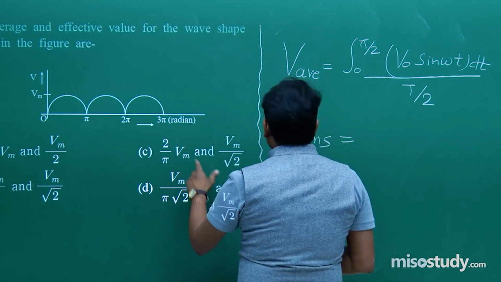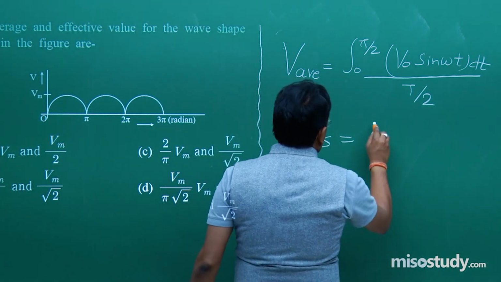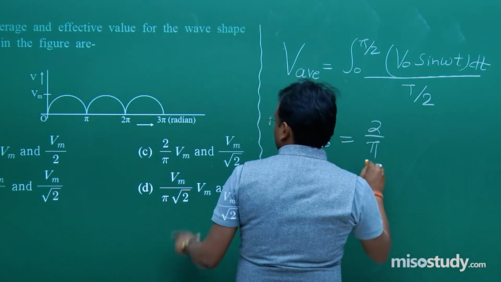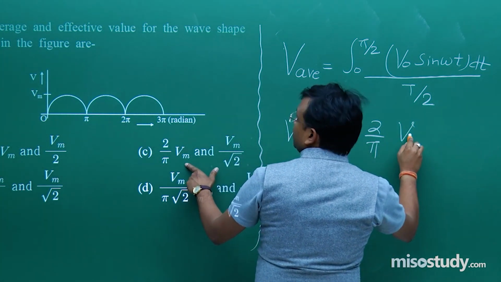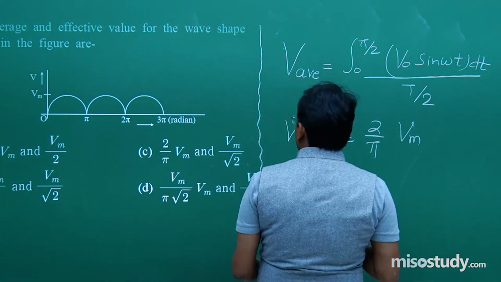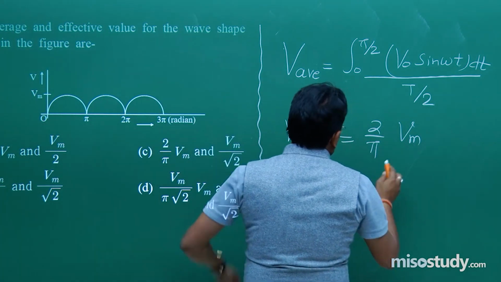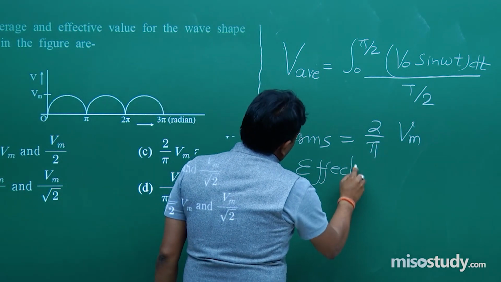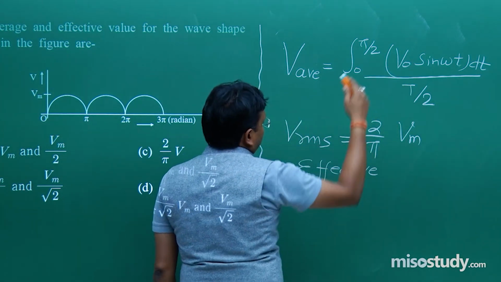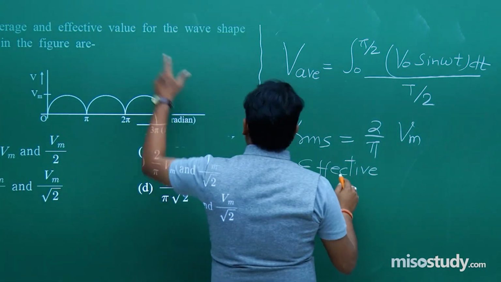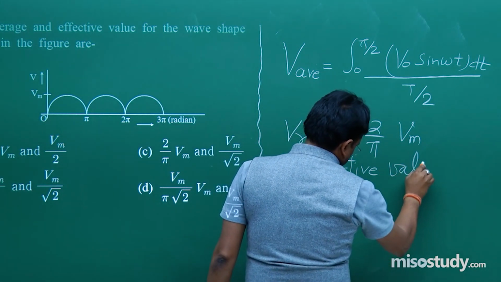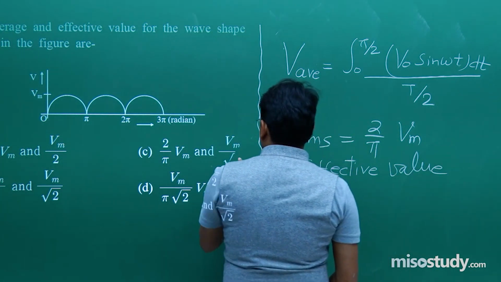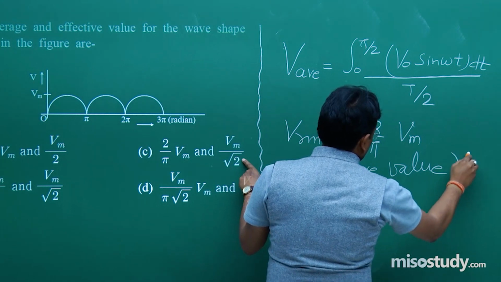So the average value is 2 upon pi Vm, where Vm is this peak value, and the effective value is Vm by root 2.